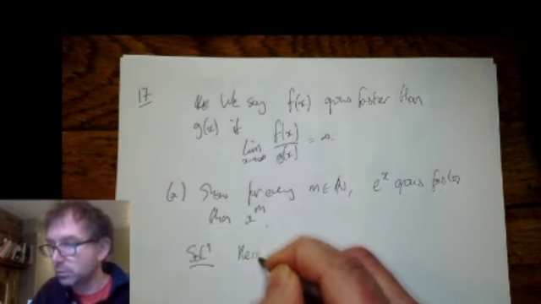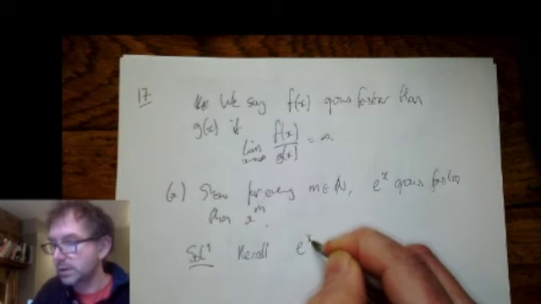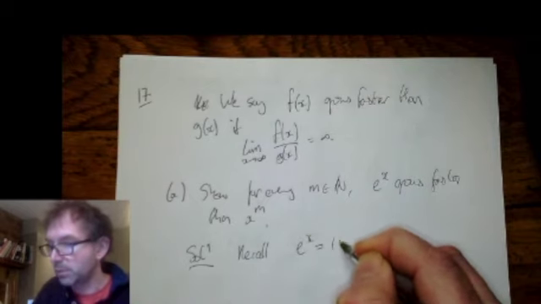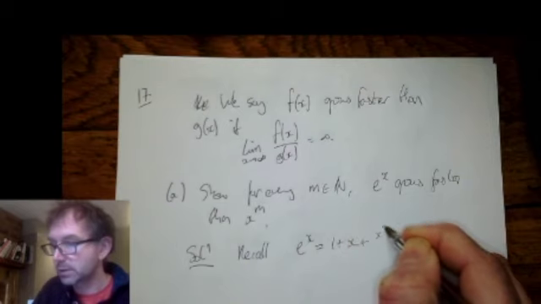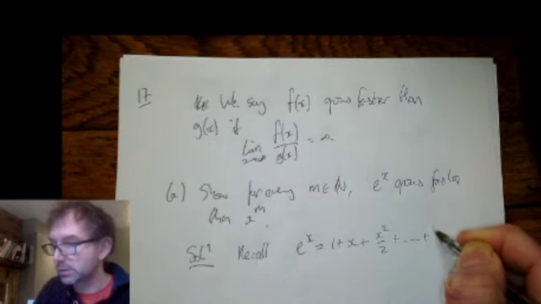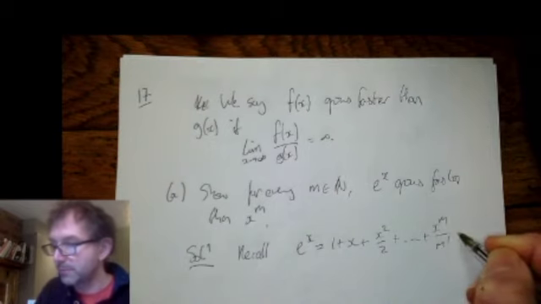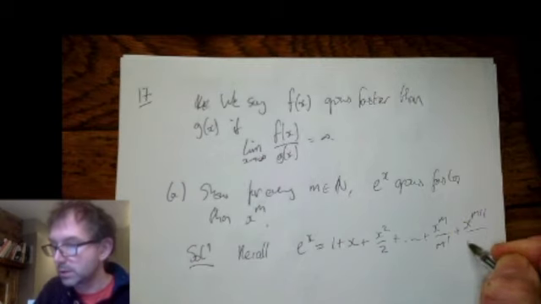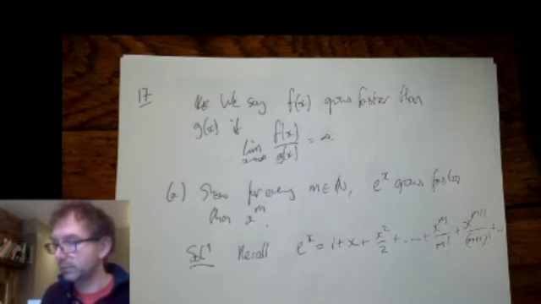let's recall that e to the x is equal to 1 plus x plus x squared over 2 plus, I'll just give a couple more terms, x to the m over m factorial plus x to the m plus 1 over m plus 1 factorial, and then I'll leave the rest out.